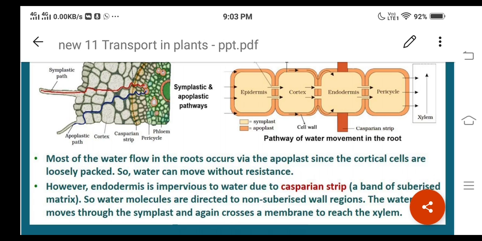So water can move without resistance or without any barrier, right?